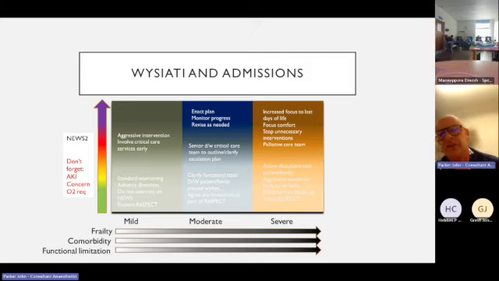And then on the other end of the scale, patients that have no or mild frailty, comorbidity, or limitation, we should almost expedite them to our service, because there shouldn't be much of a decision about their potential to benefit.